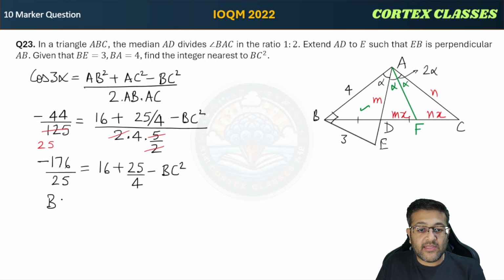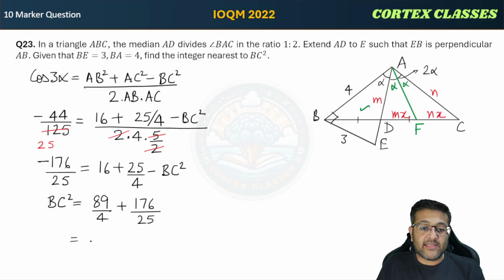Now let's calculate BC square. 16 plus 25 by 4, guys, if you take the LCM, 16 into 4 is 64 plus 25, that is 89 by 4, plus next term will be 176 by 25.